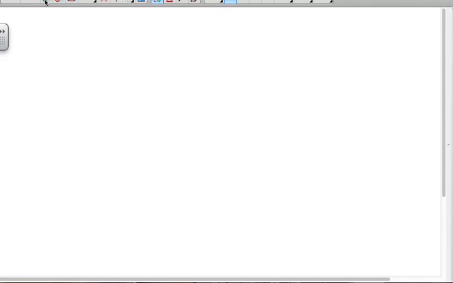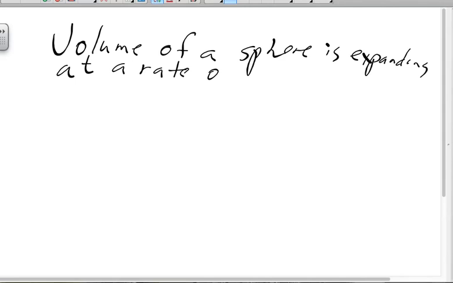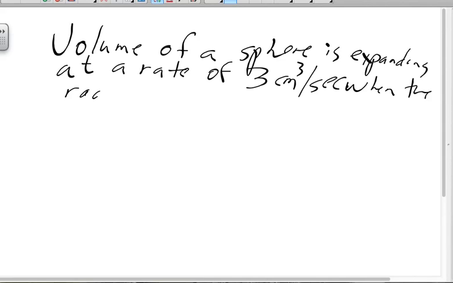So the example: the volume of a sphere is expanding at a rate of 3 cubic centimeters per second when the radius is 2 centimeters.